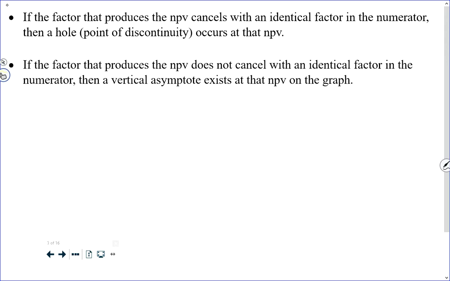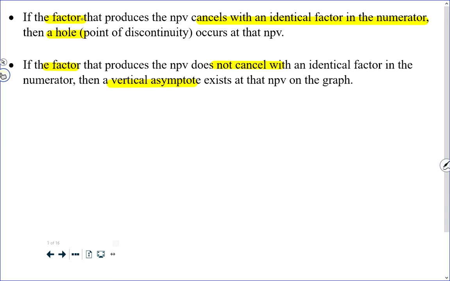What you need to remember or know is that if that factor in the denominator cancels with an identical factor in the numerator, then it's a hole. And we don't care about that. All we care about knowing is that if it cancels, we're not going to worry about it because it's a hole, it's not an asymptote. On the other hand, if the factor that produces the non-permissible value does not cancel, then it's a vertical asymptote.